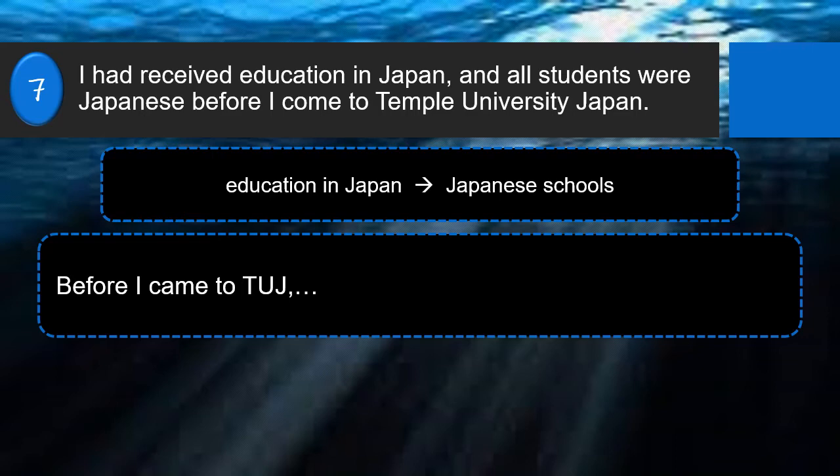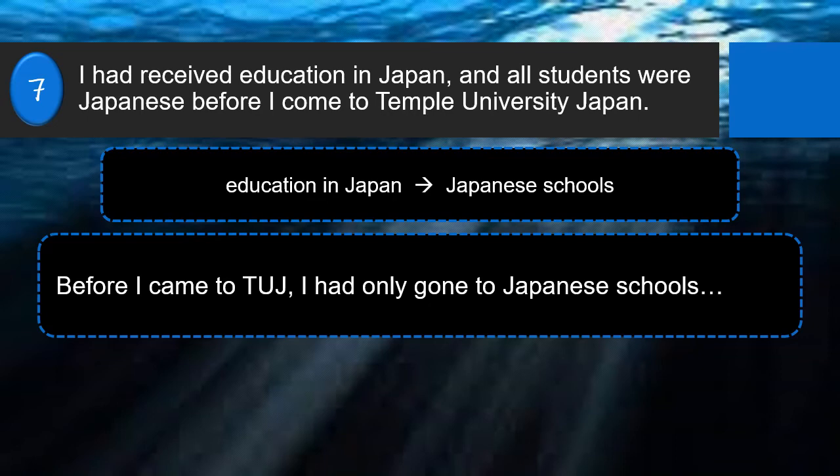But in English, most nouns, almost all nouns, can become adjectives. So before I came to TUJ, I had only gone to Japanese schools. Before I came to TUJ, I had only studied in Japanese schools.